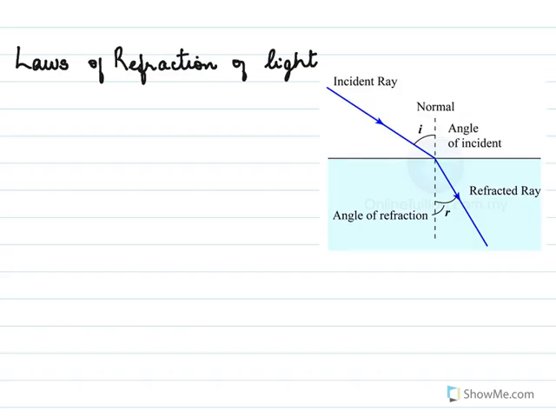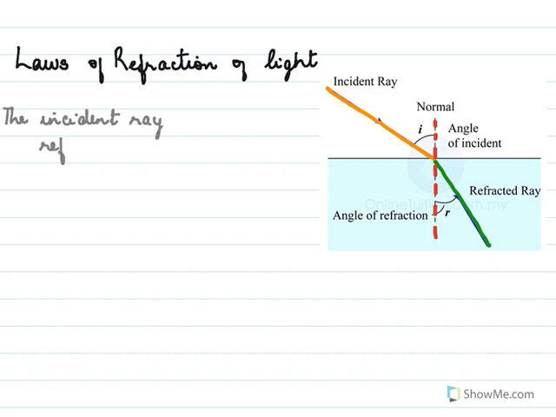The first law states that the incident ray, here is your incident ray, then the refracted ray, this is the refracted ray, and the normal at the point of incidence, this is the normal at the point of incidence. All these three lie in the same plane.